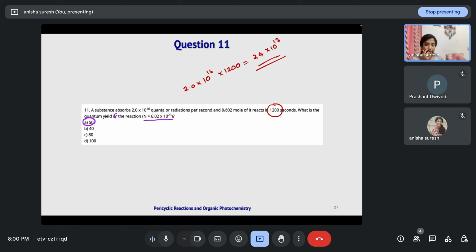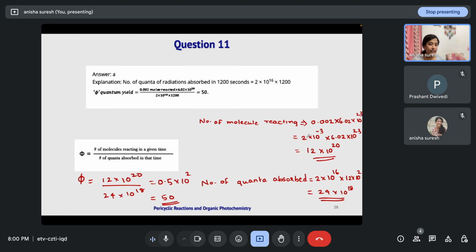And they have told 0.002 mole is reacting, so we have to convert it into number of molecules. For that we multiply it with the Avogadro number, 6.02 into 10 power 23. Hence we get this number of molecules reacting. Then we just apply it in the equation for quantum efficiency or quantum yield.